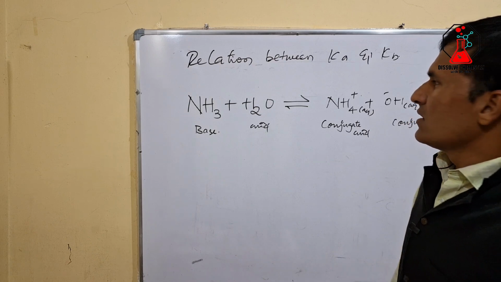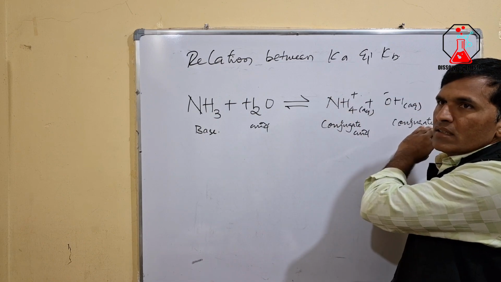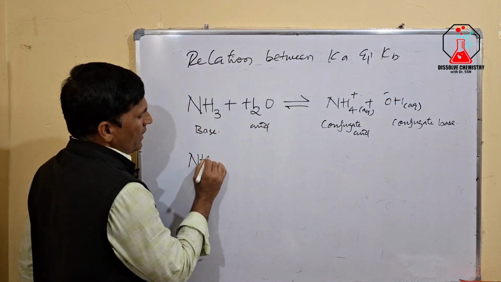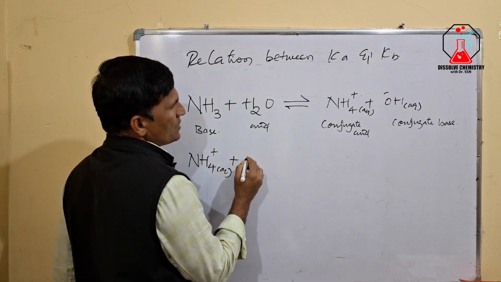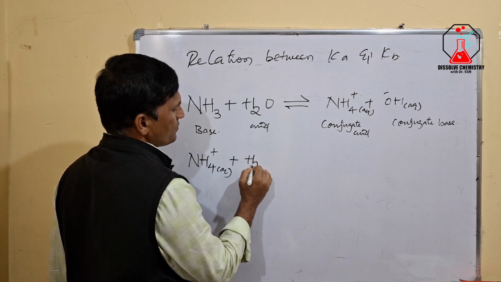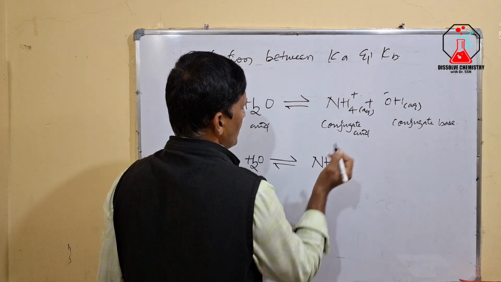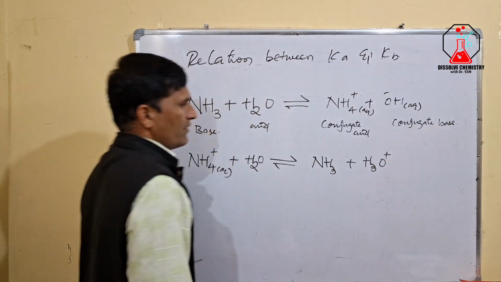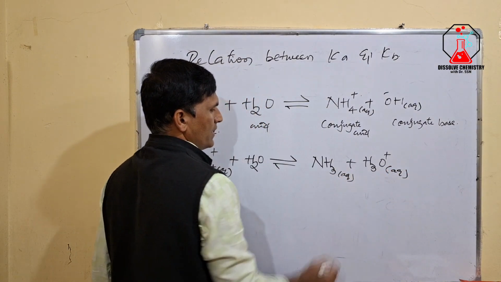Now, the strength of this acid to give back the proton, we will consider directly. We take it like this: NH4 plus aqueous is an acid which is going to give a proton to water. There it will be NH3 plus H3O plus, aqueous.